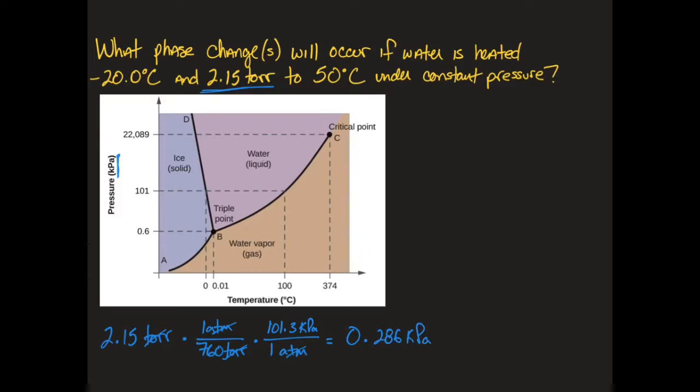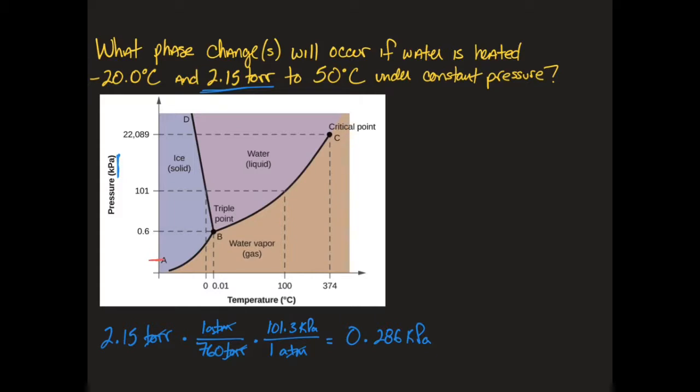Okay, let's see if we can mark that on the graph. And we've got to do some estimation. You can see the scale on the y-axis here is pretty nuts, right? It goes up pretty quickly. So 0.3 kilopascal. We're just going to mark it sort of down here. We know where 0.6 is because the triple point is marked there. I'm going to say 0.3.